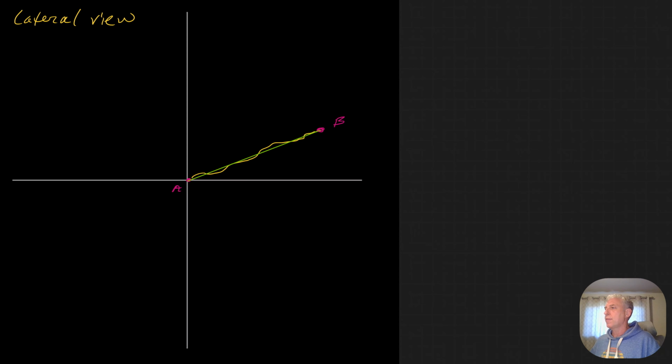And let me label my axes here. So this is the zenith, or up direction. And then this is the horizontal plane, or the northing, easting plane.